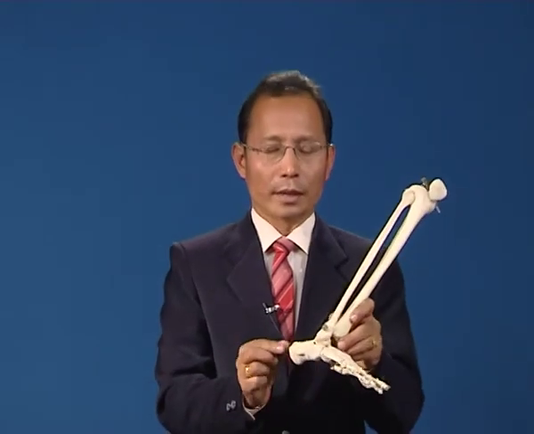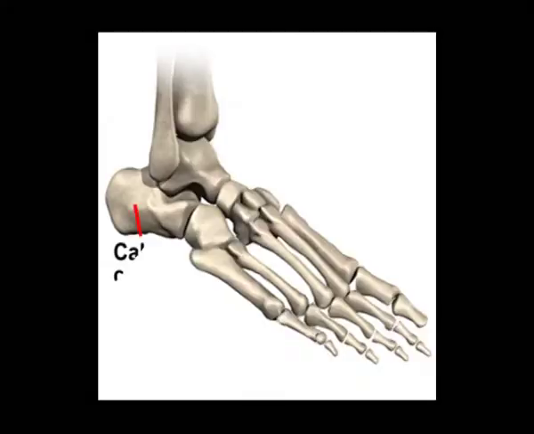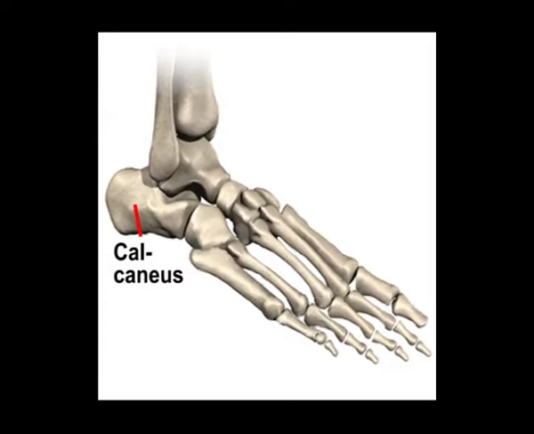So, the heel bone, the calcaneum bone, then just below the tibia there is the talus. The talus bone is just below the tibia. Then the heel bone, calcaneum.